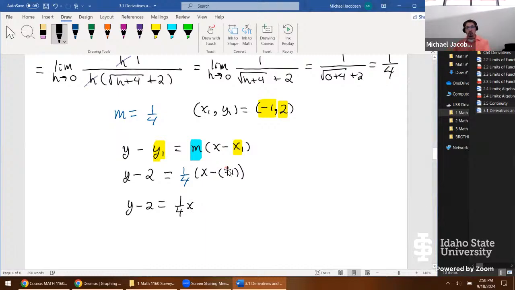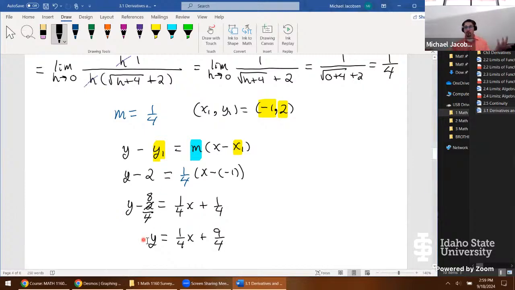This is actually a positive one with the double negation, so it's 1/4 times +1, so plus 1/4. Now this -2 we can rewrite and call it -8/4. Still, it's a -2, but now it's compatible with the 1/4 over here. So add +8/4 to both sides. Y is going to be 1/4 x plus 9/4 after adding that 8/4.